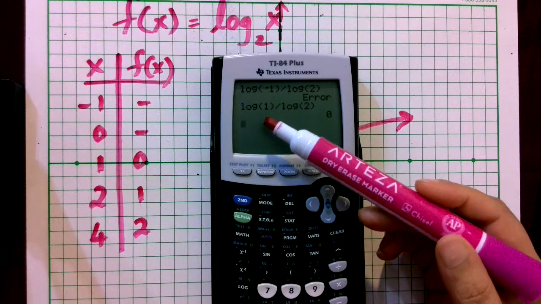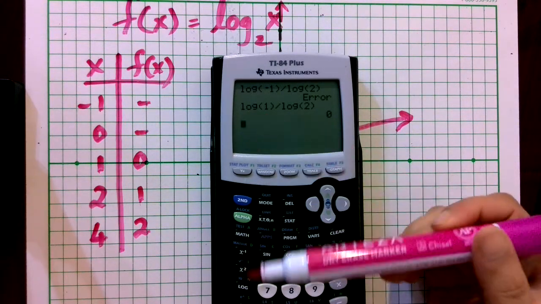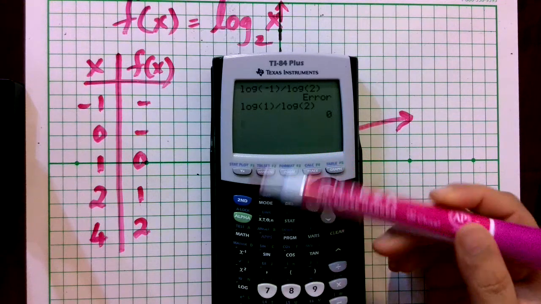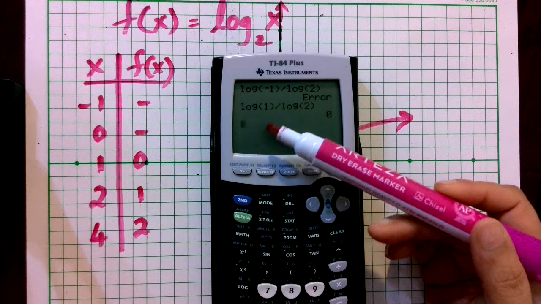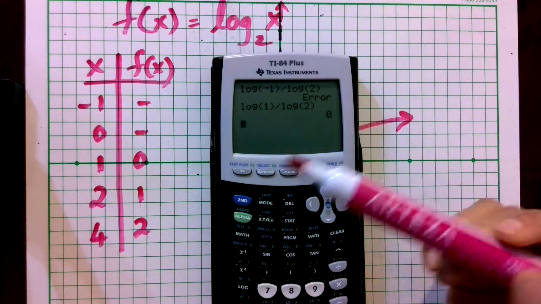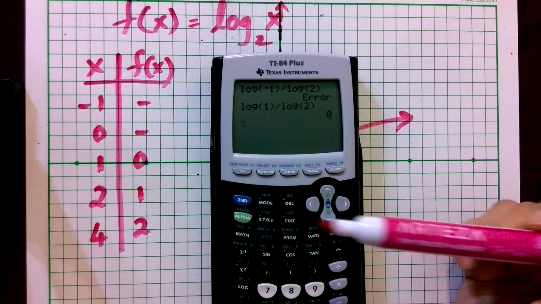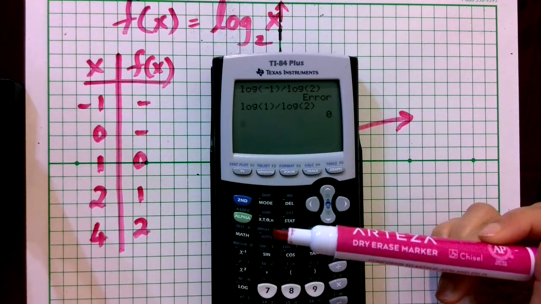When I say common logarithms, the base is 10 there. When you hit that button log, you get log base 10 of 1 divided by log base 10 of 2, and that is a 0, and that's what we had. So in the same way, you can enter the rest of the values, and come up with your y values.